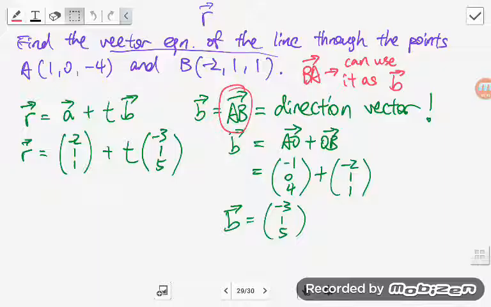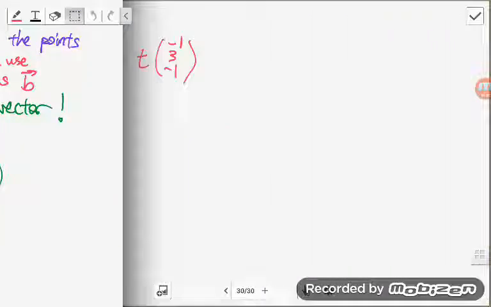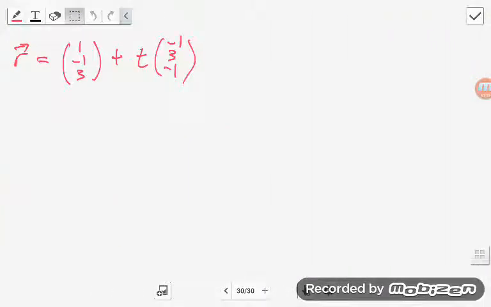However, we were able to use these 2 points to come up with the direction vector, either AB or vector BA, either one is fine. I showed you guys how to find the vector equation by using AB as my direction vector. So I used that as my direction vector, and I got my vector equation. And I'm going to paste that on this page as well.